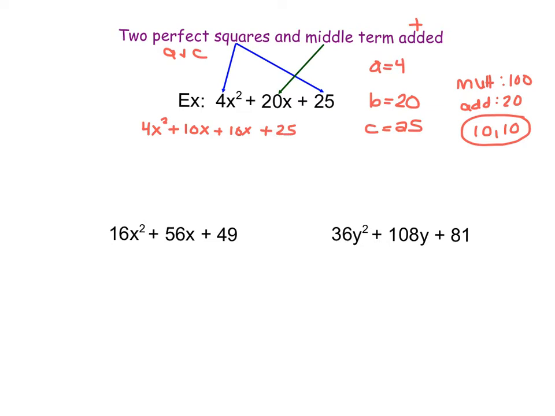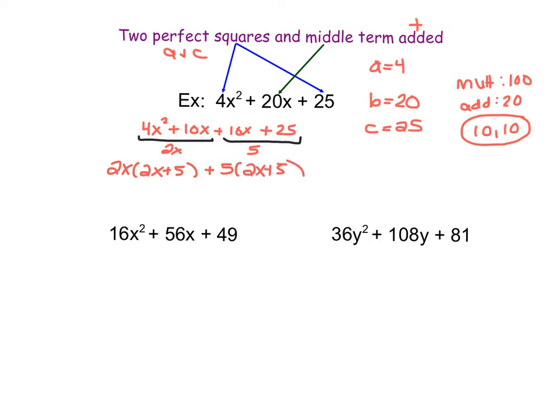Then from here, I'm going to look at it in pairs and find the greatest common factor. The greatest common factor of the first pair is 2x. The greatest common factor of the second pair is 5. Now as I rewrite that by factoring out those greatest common factors, I get 2x times 2x plus 5, plus 5 times 2x plus 5.